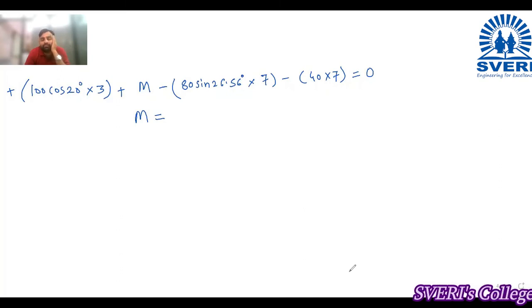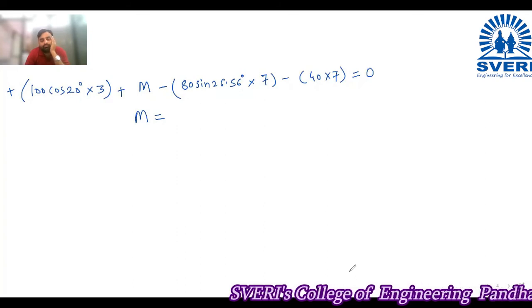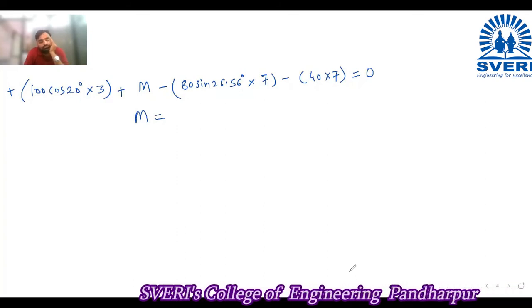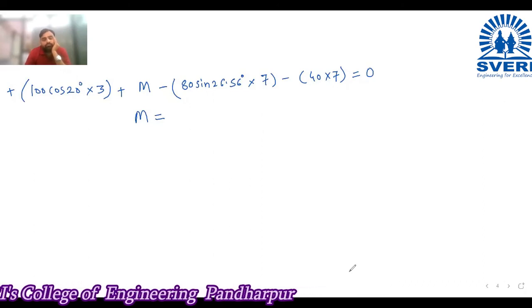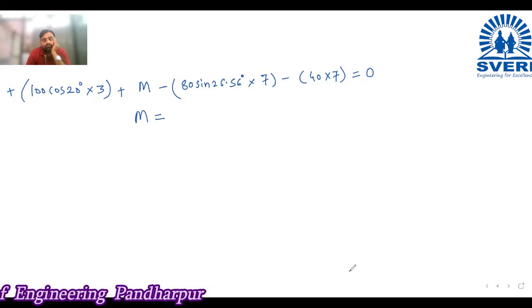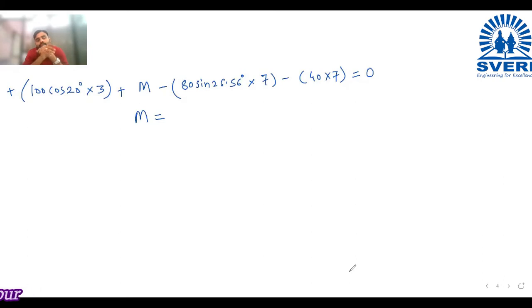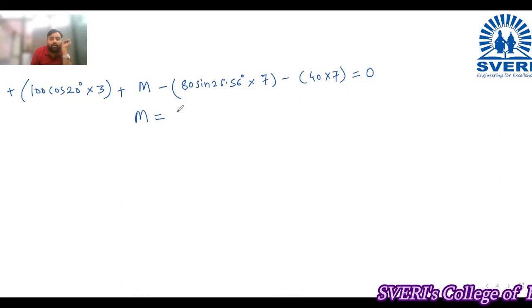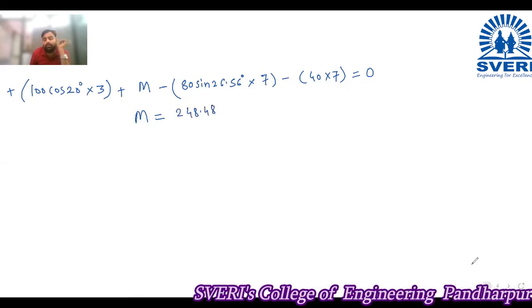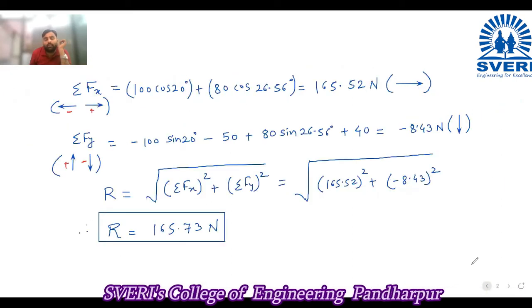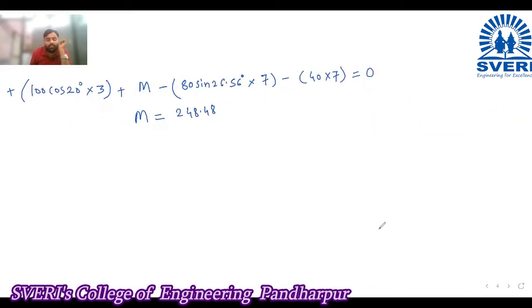Fast. What is the answer? 248.48 unit. कशात आहे न्यूटन मध्ये फोर्स आहे, मीटर मध्ये डिस्टन्सेस आहेत, ओके.